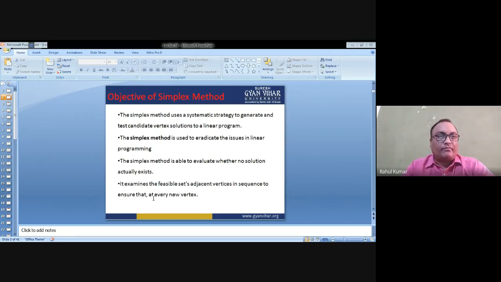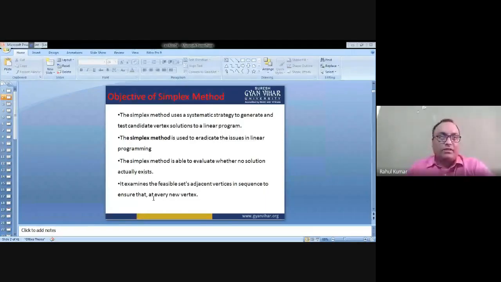From the previous class: the simplex method uses a systematic strategy to generate and test candidate vertex solutions to a linear program.